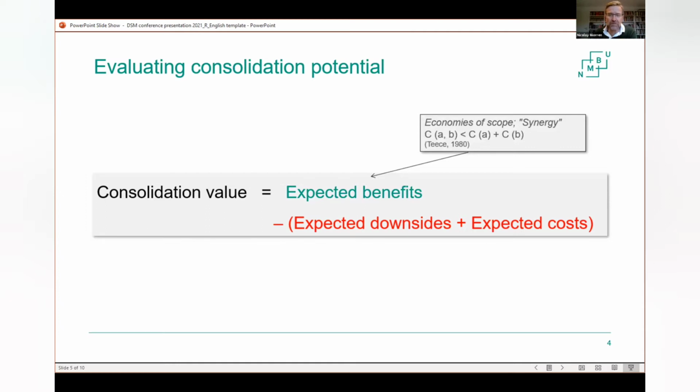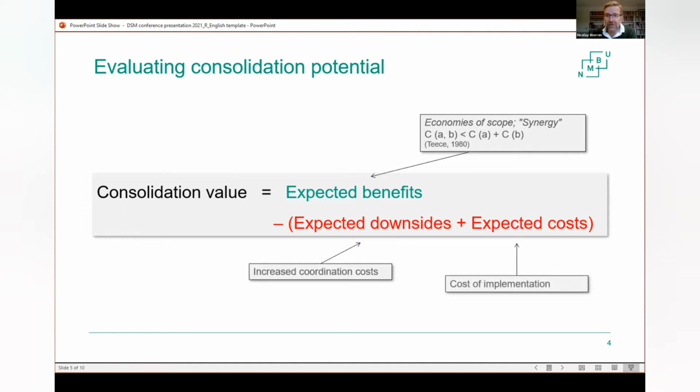In strategic management, you have the broader concept of synergy, which can also be increased revenues from combining resources together. I already covered the issue of increased coordination cost and the cost of the implementation.